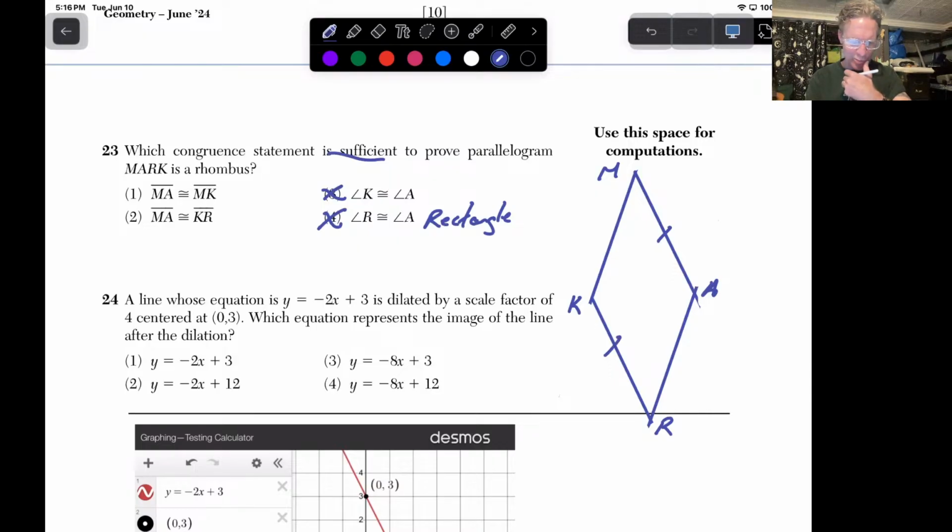Well, that is true, but it's also true for a parallelogram. MA congruent to MK? Yes. If the adjacent sides are congruent, then you know it's a rhombus. Why? Because if it's already a parallelogram, you know the opposite sides are congruent. So if you can say that the adjacent sides are congruent, then all four are going to be congruent to each other.